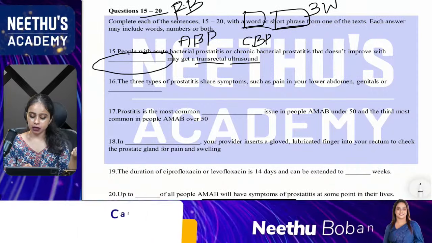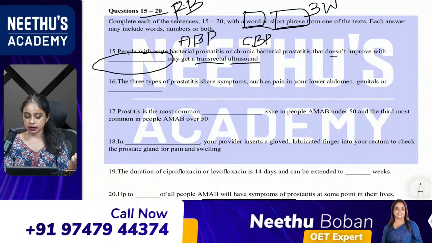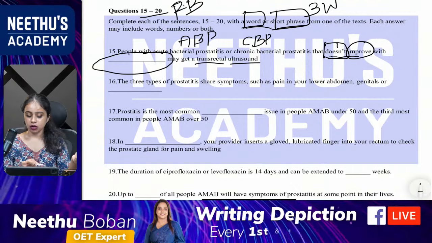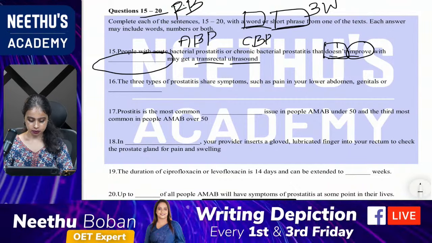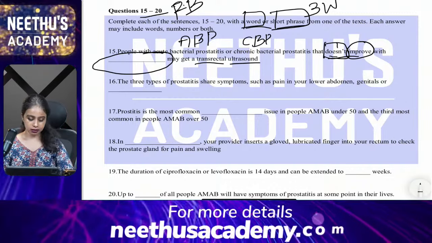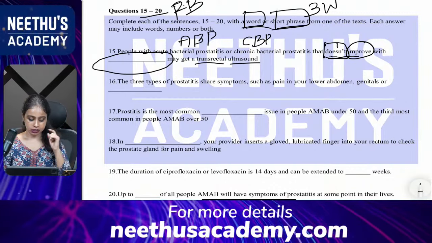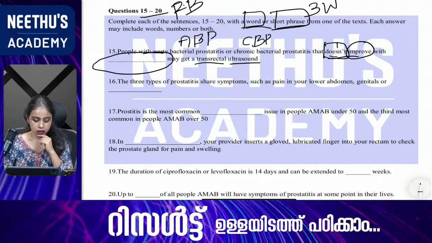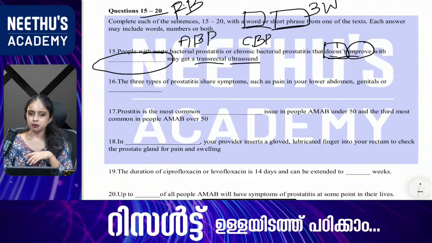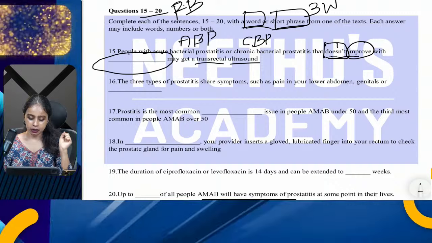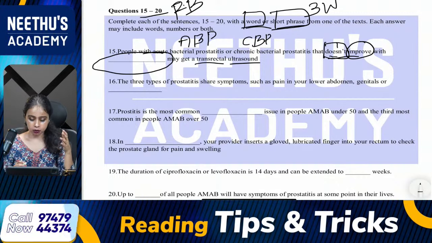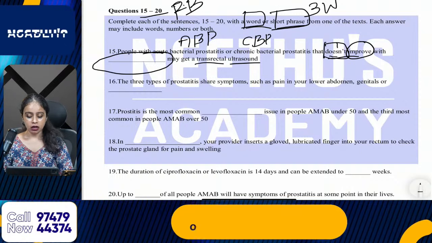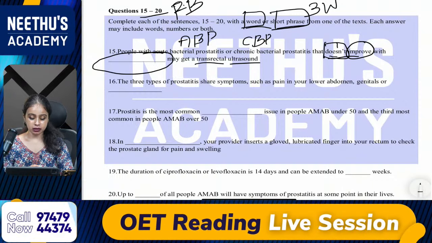What is your answer? Any idea? Transrectal ultrasound, is it correct, Banu? People with ABP or CBP that doesn't improve with dash.